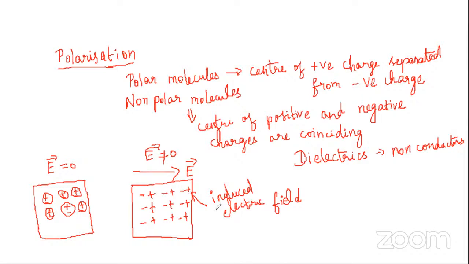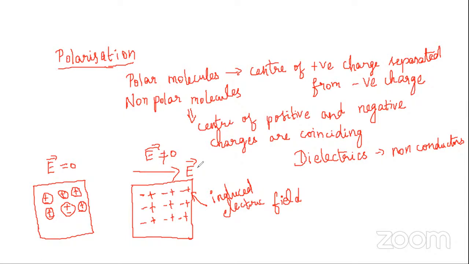But here they are dielectrics, and we have a non-polar molecule. In the absence of an external electric field, the positive and negative charges are coinciding on each other. When you place them in an external electric field, there is an induced electric field inside the dielectric, and this induced field opposes the external electric field, but it is not strong enough to cancel it.